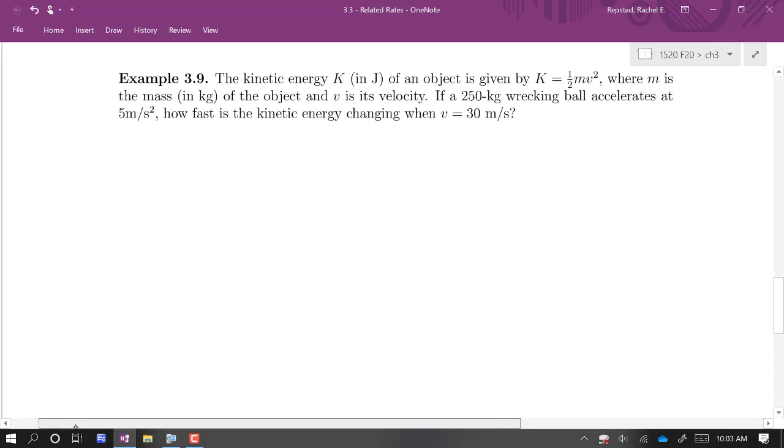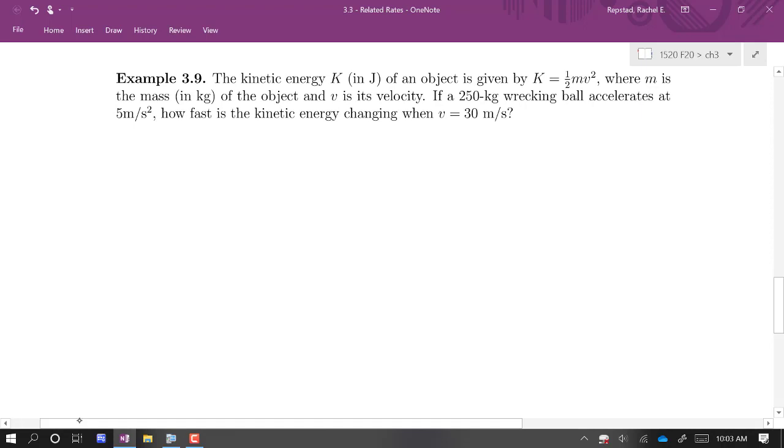So in the beginning, we want to just understand the quantities they're talking about, or at least the equation we should use. They tell us the equation, which makes it a little bit easier: 1/2 mv squared. There should be a derivative that we know, and a derivative that we want. They tell us that this wrecking ball is accelerating at 5 meters per second squared.